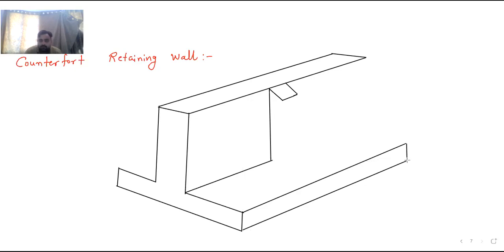Now this part is called the counterfort, whatever I am showing with this red. It will continue like this only.